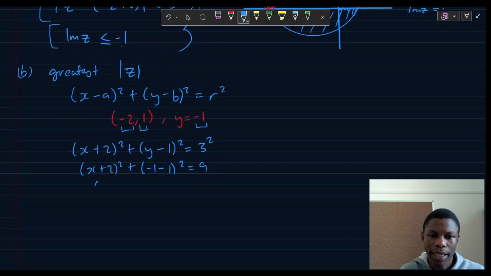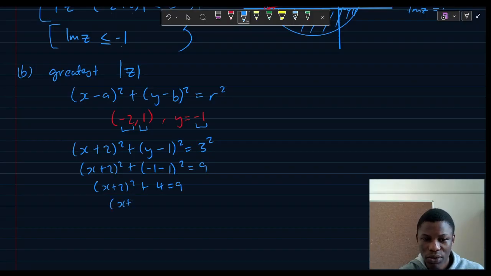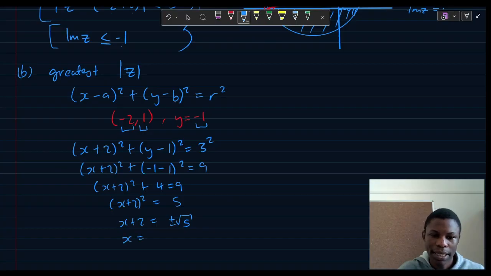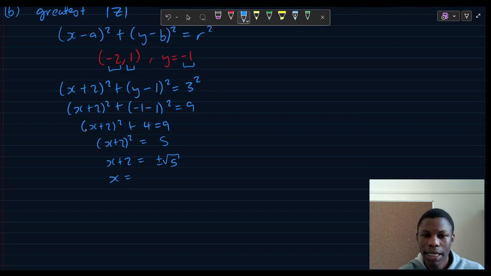And so we have that x plus 2 squared plus 1, which is 1 squared, equals 9. So x plus 2 squared is equal to 9 minus 1, which is 8. Take the square root on both sides. x plus 2 is plus or minus root 5. Subtract 2 from both sides. x is equal to negative 2 plus or minus root 5.